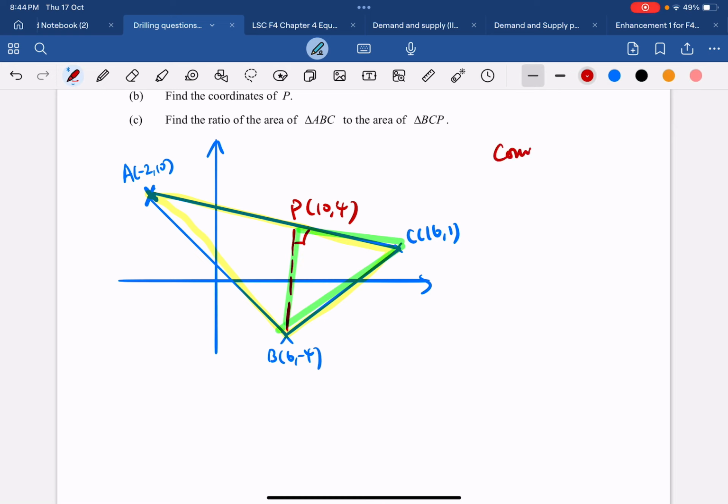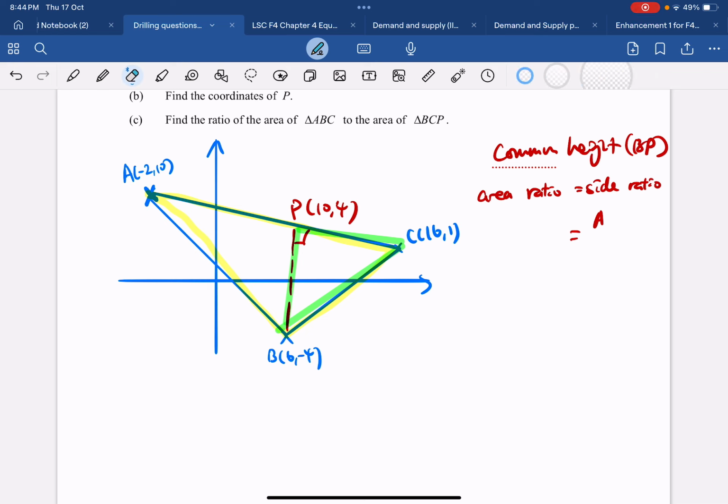Because for both triangles, their height is BP. So for common height triangles, their area ratio would be the side ratio, which is just AC divided by PC.